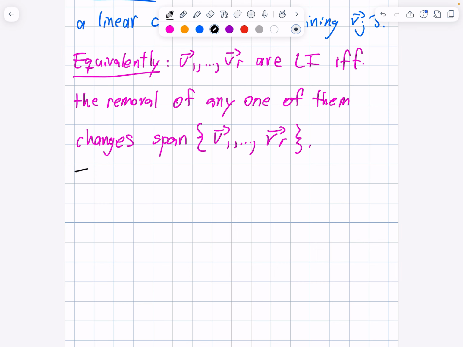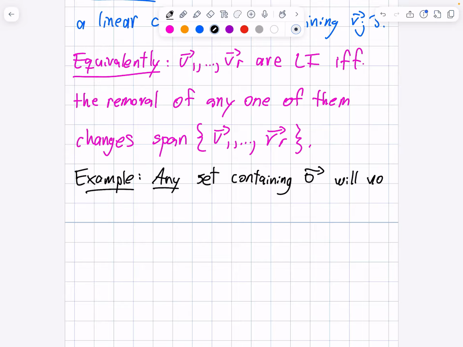Let's just go through some examples. Any set containing 0 will not be linearly independent.